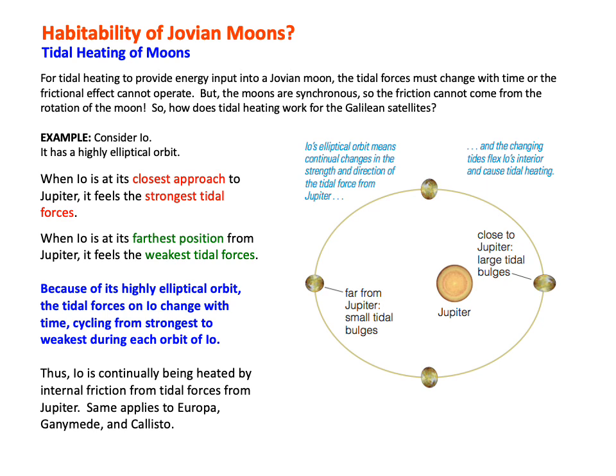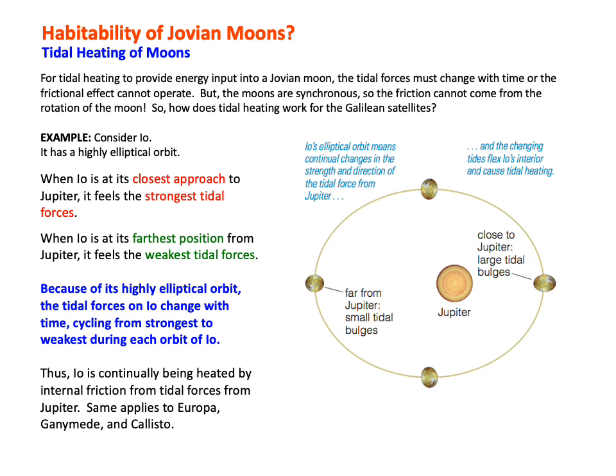Now, even though it's in a synchronous rotation where it has one face facing Jupiter all the time, so it doesn't have a rotating bulge effect like that heating the Earth in its particular configuration and dynamics, it turns out that because of the highly elliptical orbit, it gets stretched when it's close, and it gets allowed to go back to round when it's far.